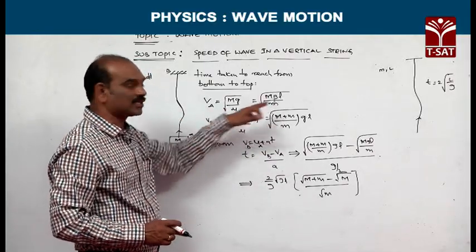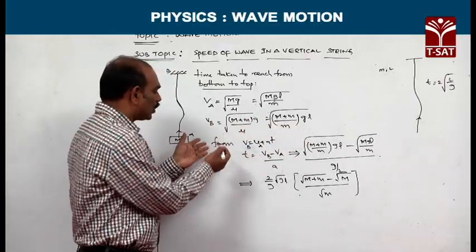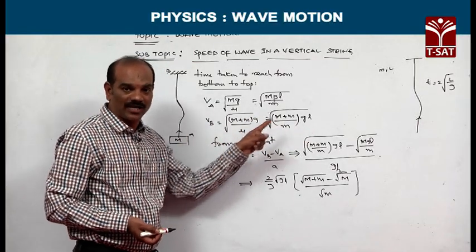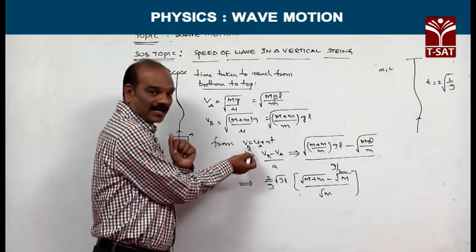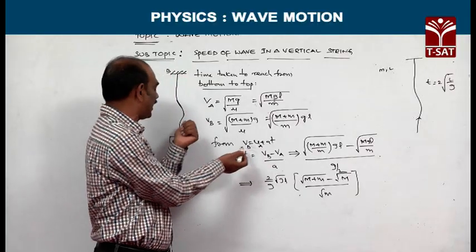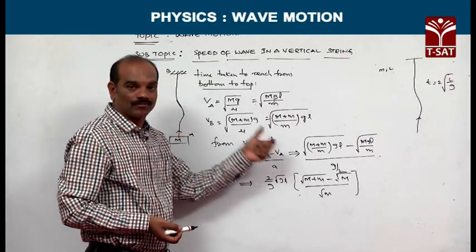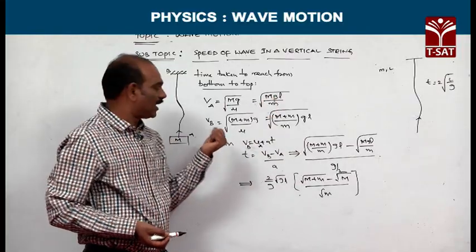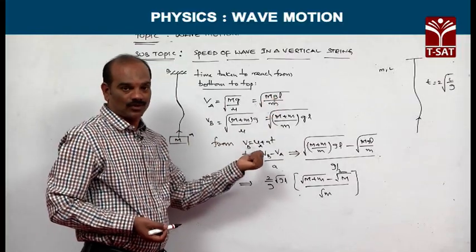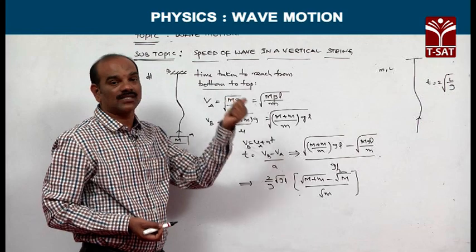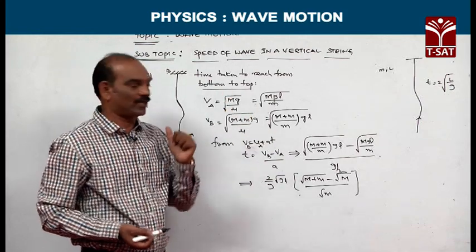Using the formula V is equivalent to U plus at, speed at B is speed at A plus a into t. Earlier we discussed the concept that the acceleration in the string over a distance of L, a, is equivalent to g by 2.